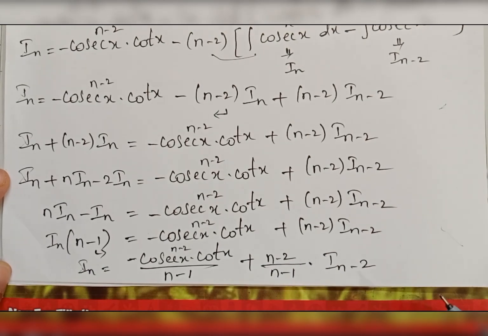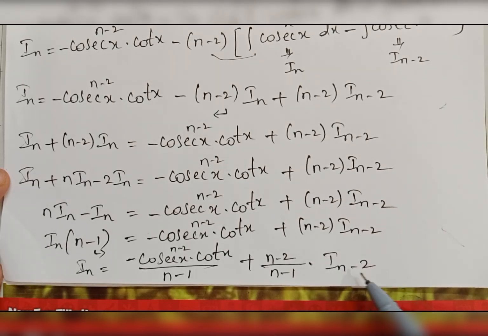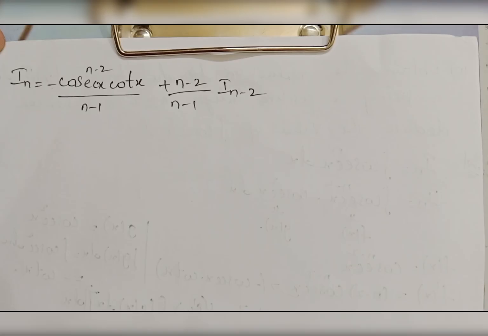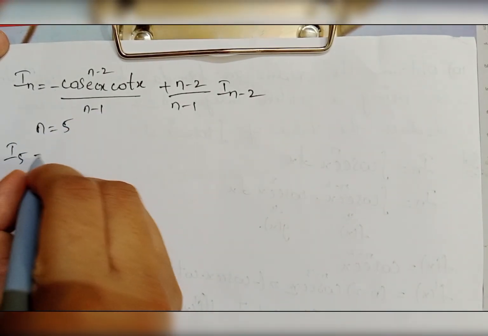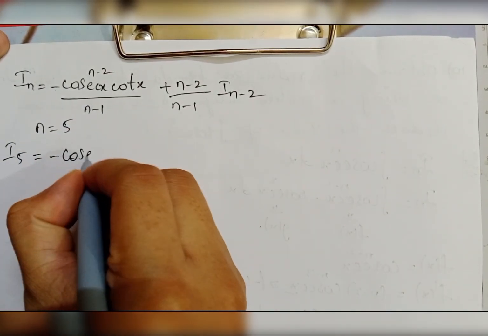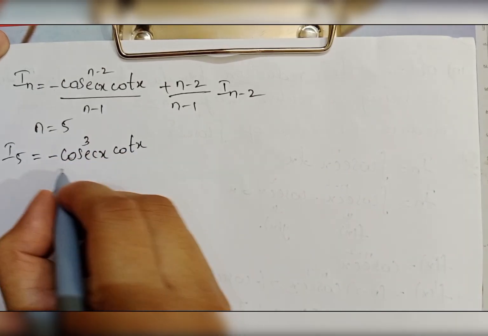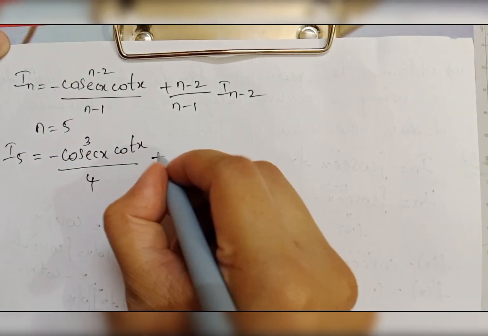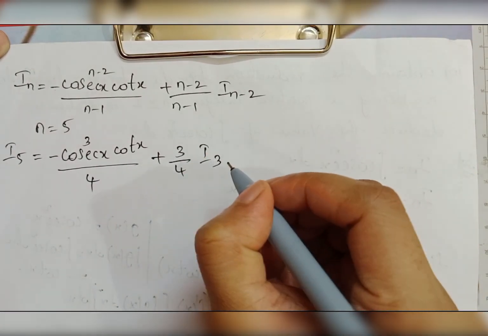Now we have to put the value of n as 5 in this equation. So putting n equal to 5, I5 is equal to minus cosecant x power 5 minus 2, which is 3, into cot x by 5 minus 1, which is 4, plus again 3 by 4 into I3.